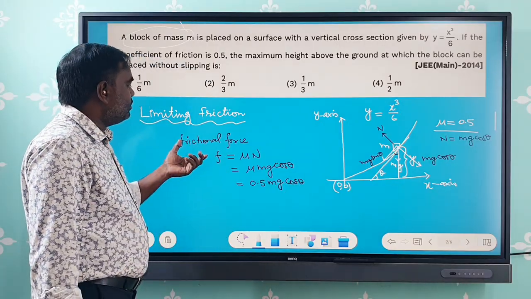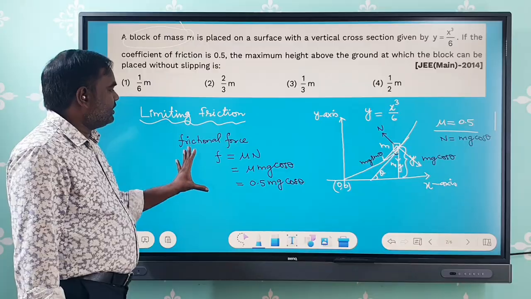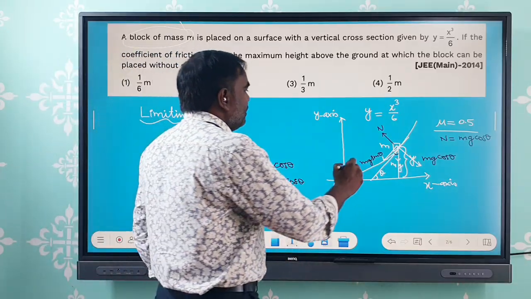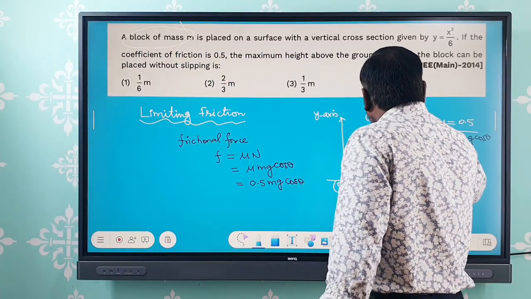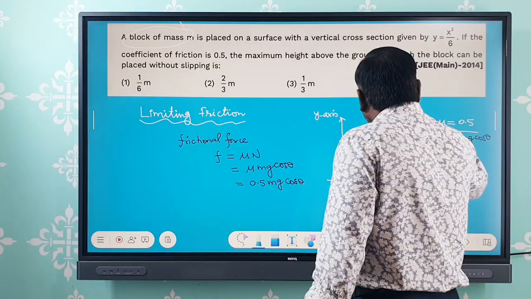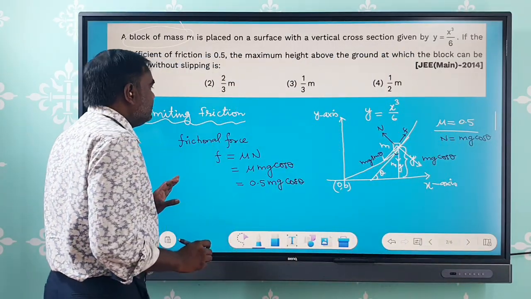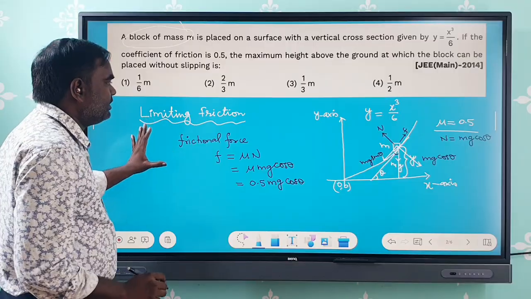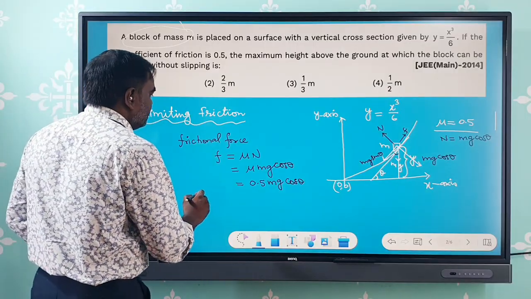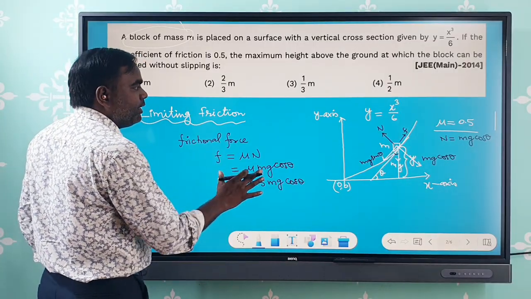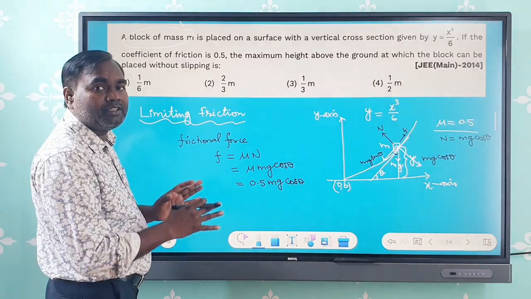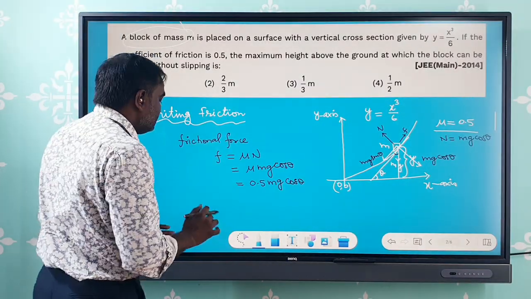And this is the frictional force acting opposite to the mg sin theta, and in the limiting friction case, this friction F must be greater than or equal to the mg sin theta.